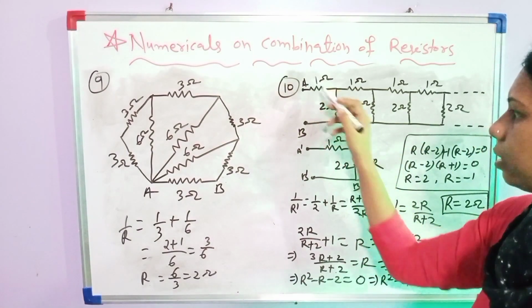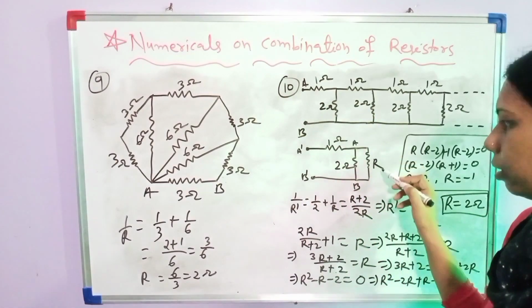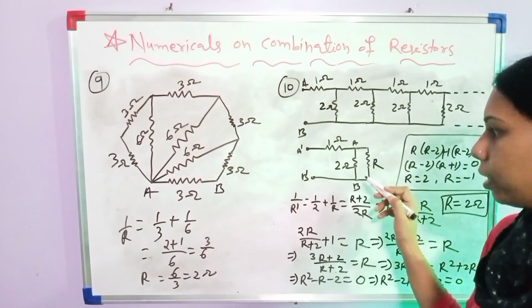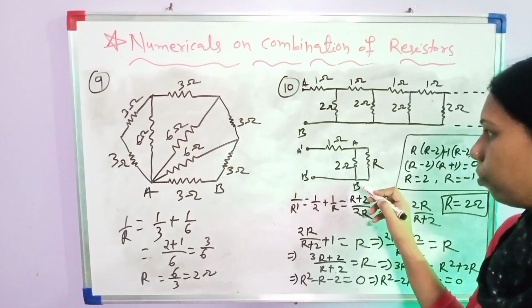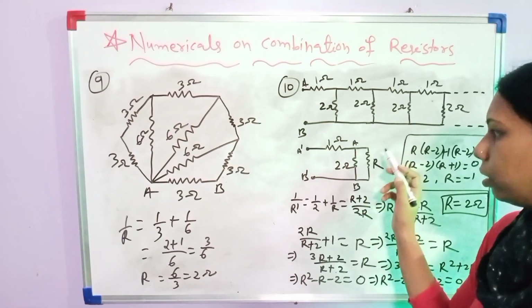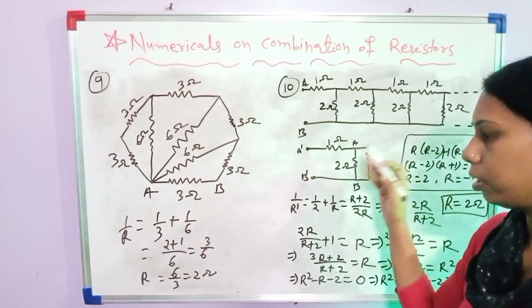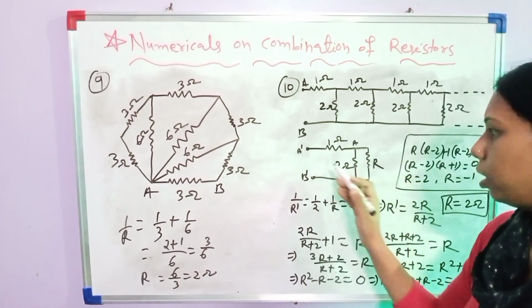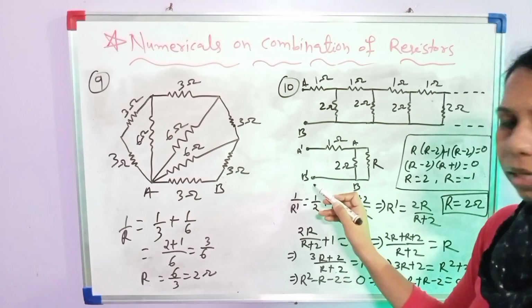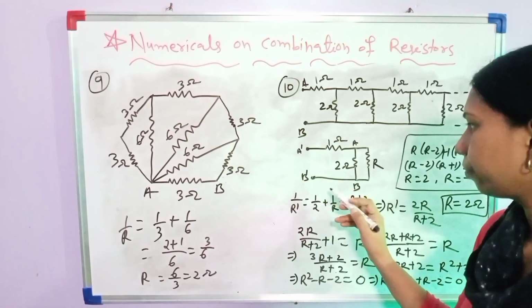Let the equivalent resistance between A and B be R. If we add one set of resistors 1 ohm and 2 ohm to the given network, its resistance will still be R. So the equivalent resistance between A dash and B dash will be R.